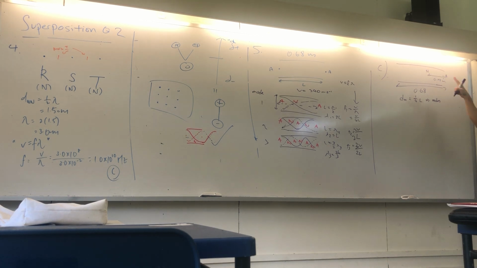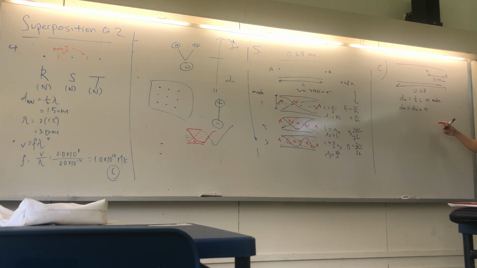Which means the microphone distance is actually the distance between the node and one of the empty nodes. At the lowest level, there are no more nodes in between. So this is the node to empty node distance.